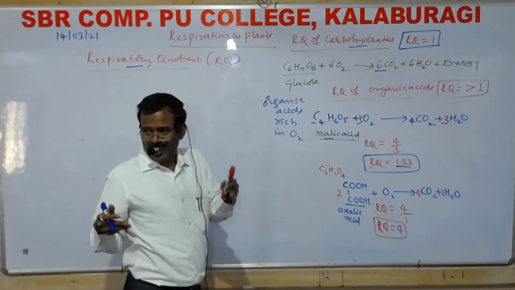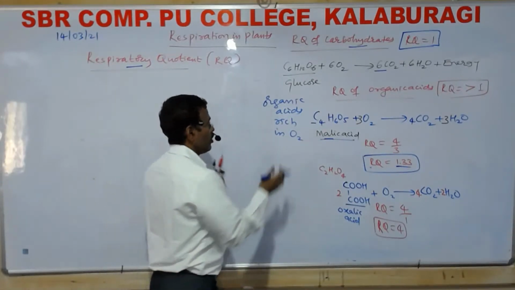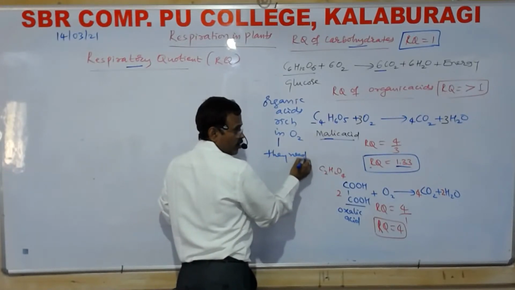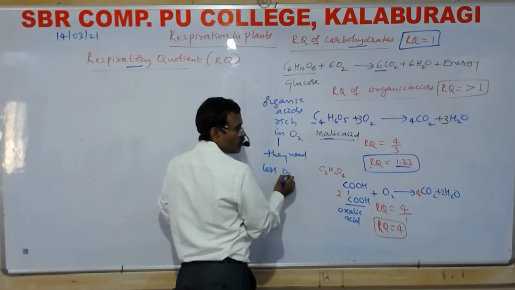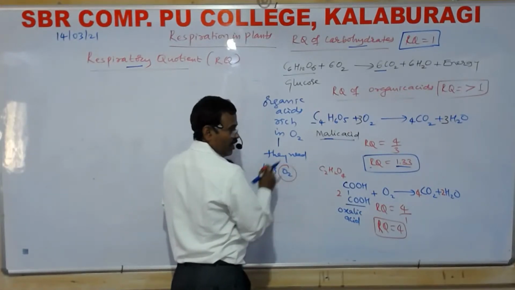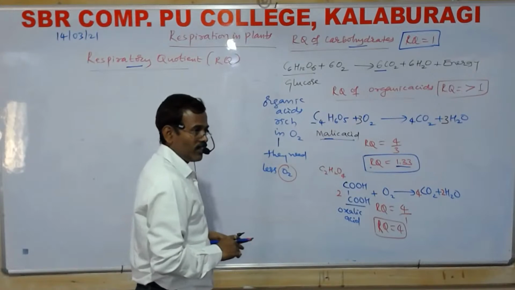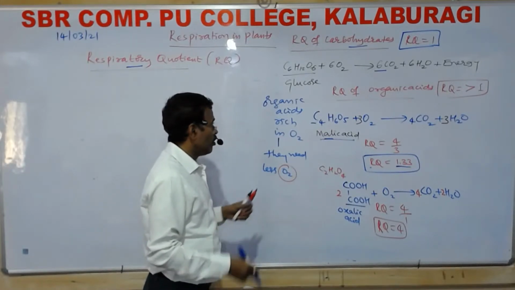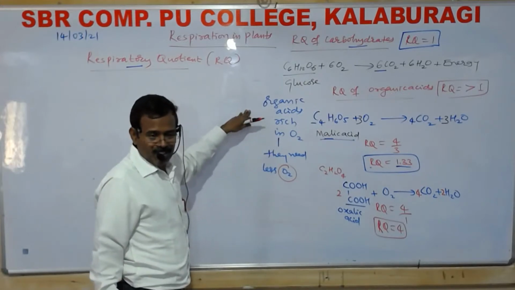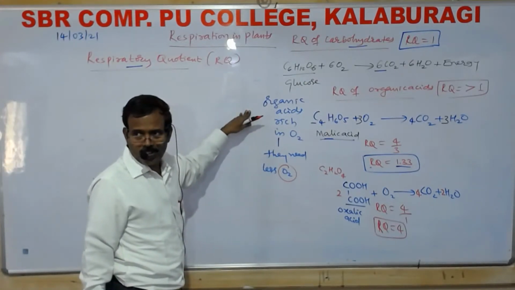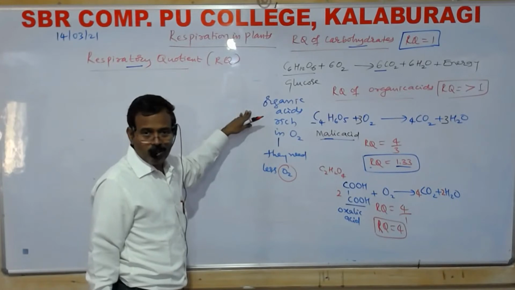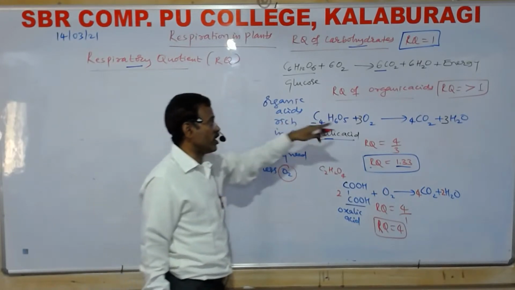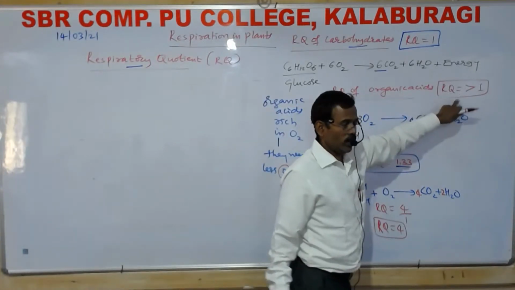When the substrate itself is rich in oxygen, for their breakdown they need less oxygen. So when the substrate is rich in oxygen, organic acids are very rich in oxygen. That's why they need less oxygen for their breakdown. Hence, the RQ value is greater than 1.